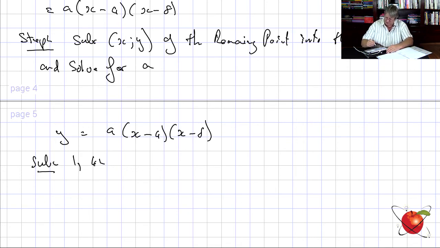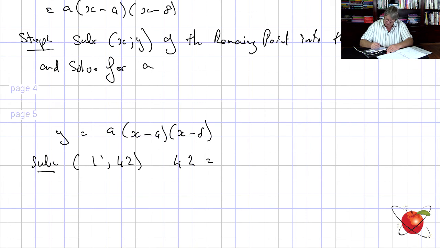I wish I had neat handwriting. Y is equal to 42. Can you see what I'm doing here?